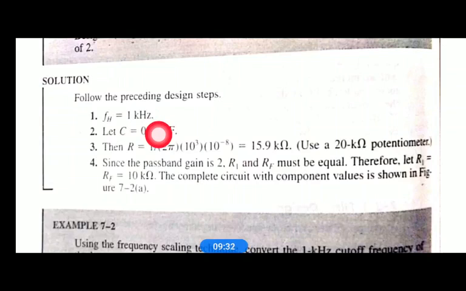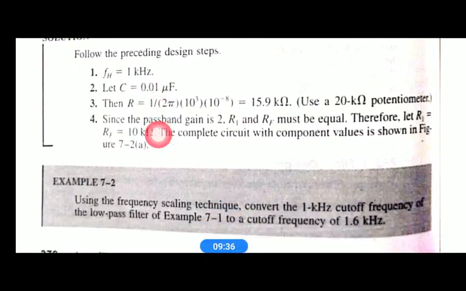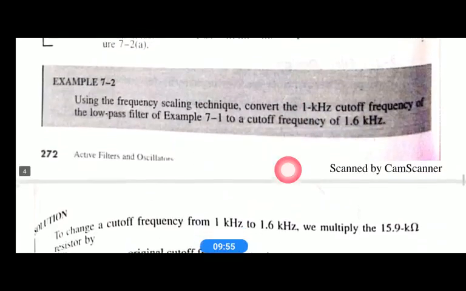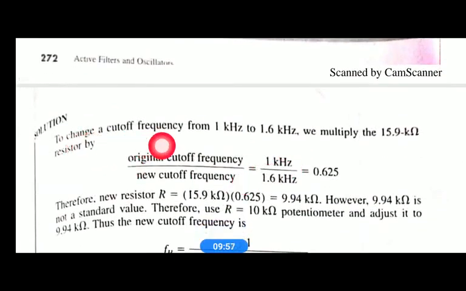To change it, we keep the whole circuit as it is. We only take the ratio of the original cutoff frequency, which is 1 kilohertz, to the new cutoff frequency, which is 1.6 kilohertz, and multiply it with the value of R we got, which is 15.9 kilo ohm.